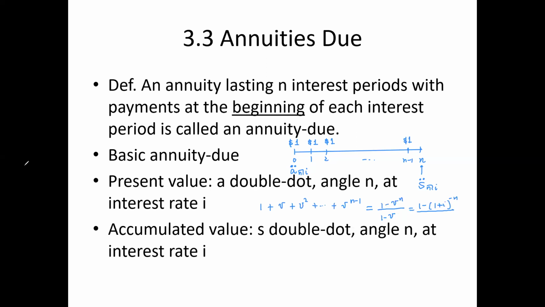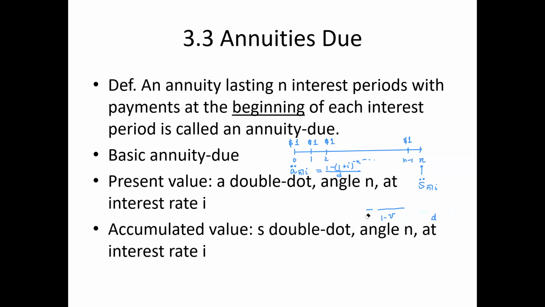For annuity immediate it was i, so that's why I forgot. 1 minus v, that's 1 minus 1 over 1 plus i, so you have i over 1 plus i, which is exactly d. So we have that formula. The present value of the annuity due is 1 minus 1 plus i to the negative n, over d. Okay, it's a little bit squeezed.